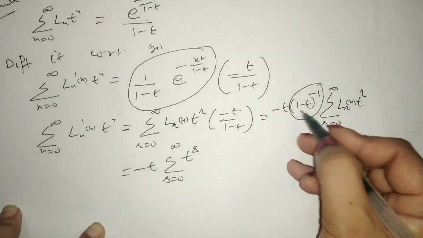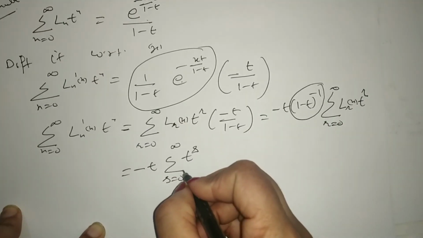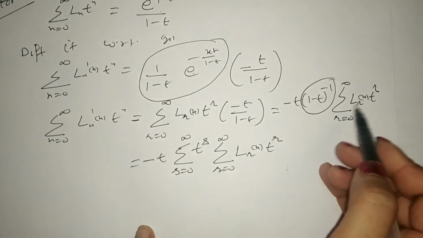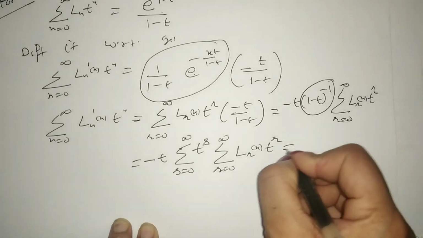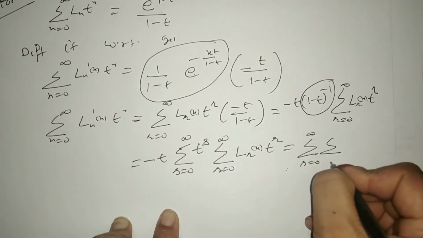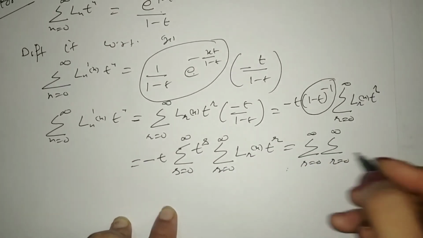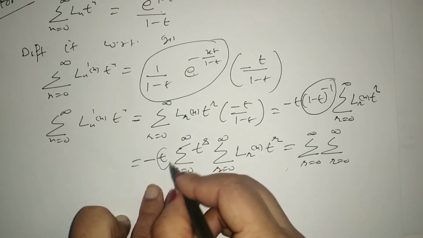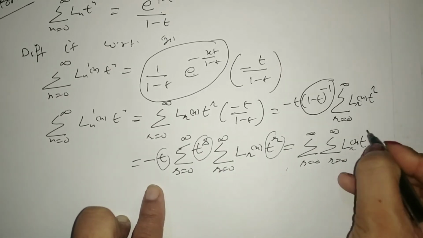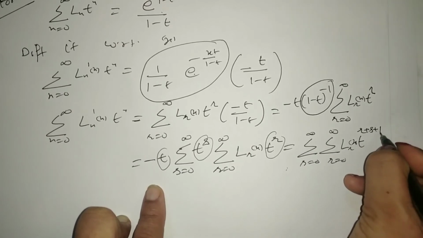Right, the binomial expression is this. Now the other term as it is. Now combining these, the summation over s from 0 to infinity and the summation over r from 0 to infinity, the combined power of t will be t raised to power r plus s plus 1.